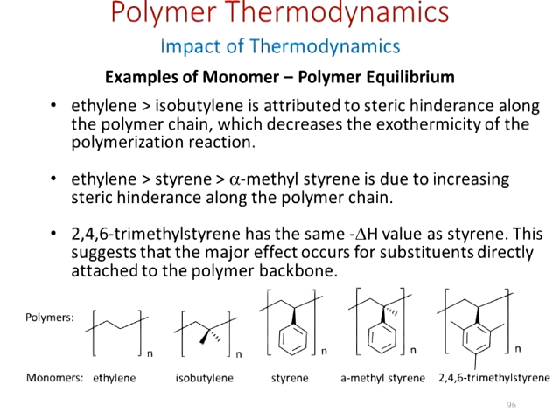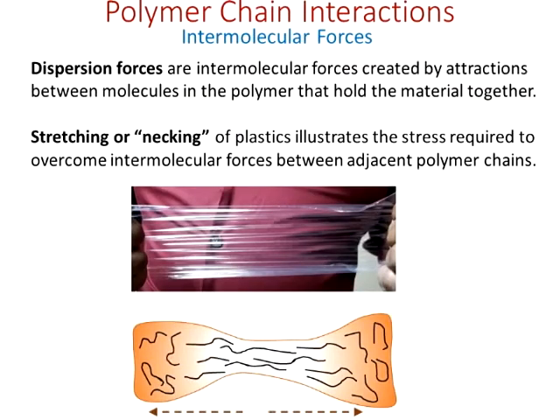But those intermolecular dispersion forces have attractions that have to be overcome in some cases to use the polymer. When we stretch these polymers, for example, that stretching is called necking. That necking pulls and then all of a sudden overcomes the dispersion forces between the polymer chains.